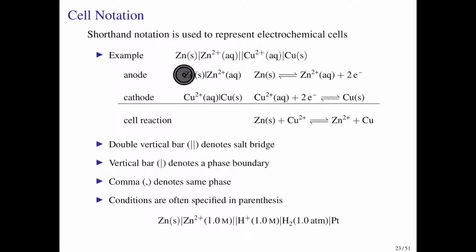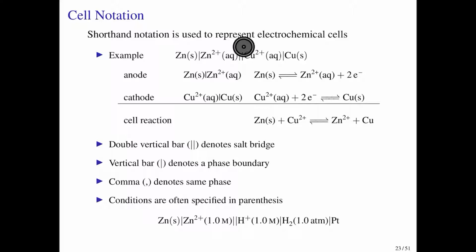You can read this cell notation from left to right, and then write down the corresponding half reaction that it represents. You go from zinc solid to zinc 2+, and that's going to require giving up 2 electrons from the zinc. So this is the half reaction corresponding to this anode cell notation.